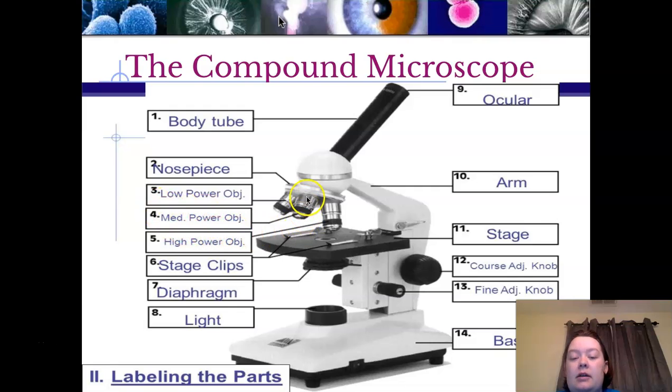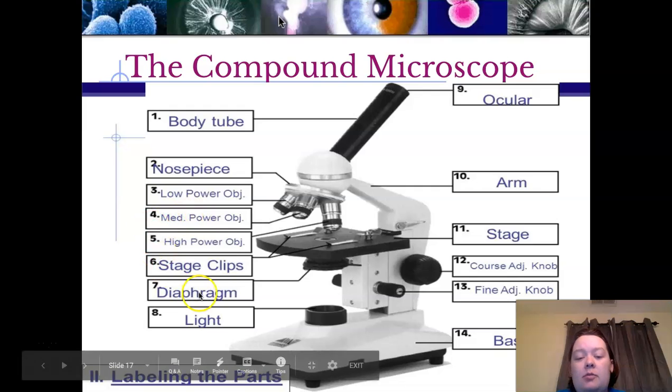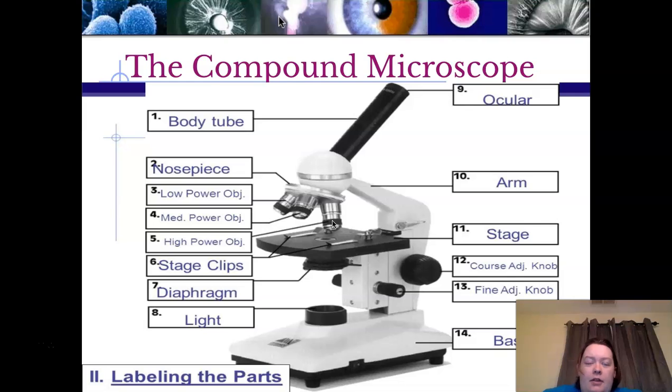This is going to be the one that is middle in size, so it's not going to be small, but it's going to be middle. The high power objective lens is going to be the longest or the largest of the objective lenses. That's going to have the highest magnification, and again, magnification is going to be written on the side of each of them.